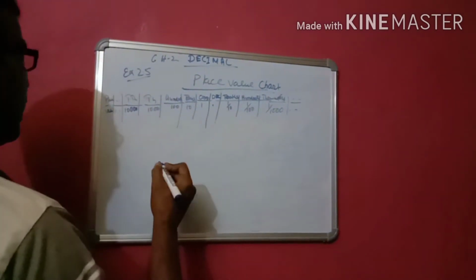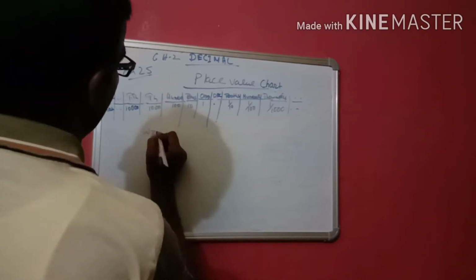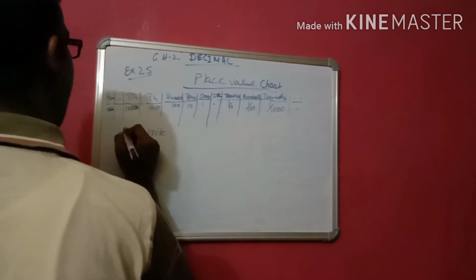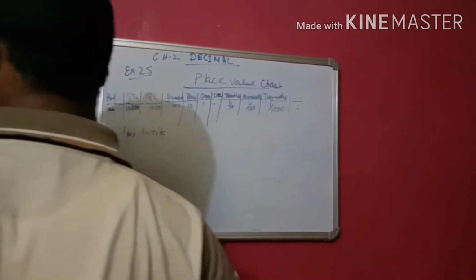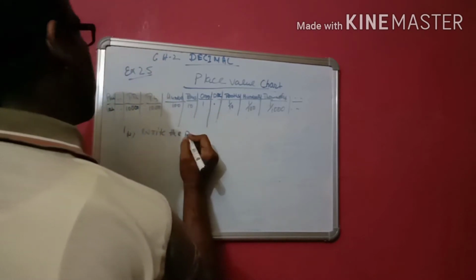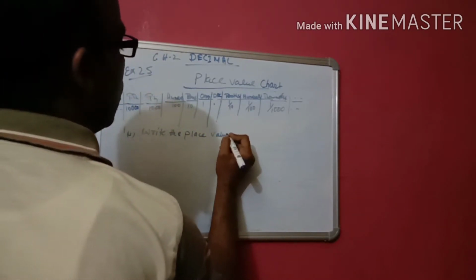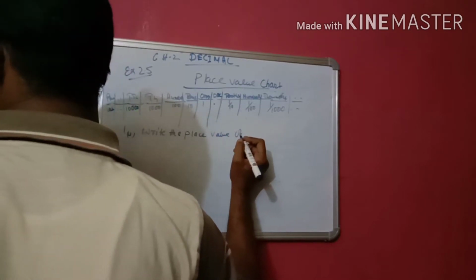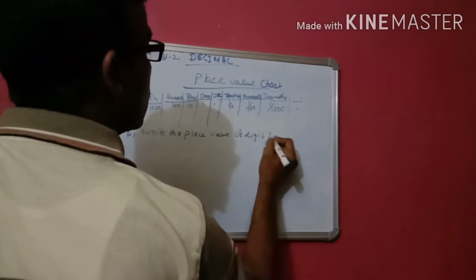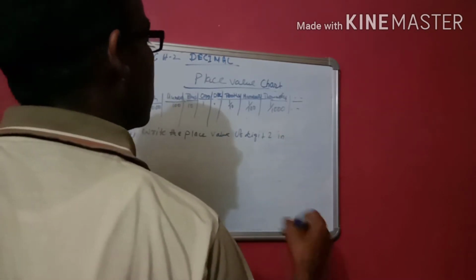2.5, question number 1. In your book it is given: write the place value of digit 2 in the following decimals.